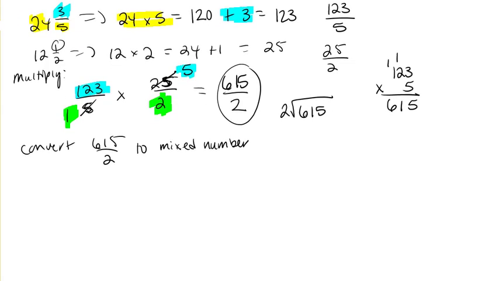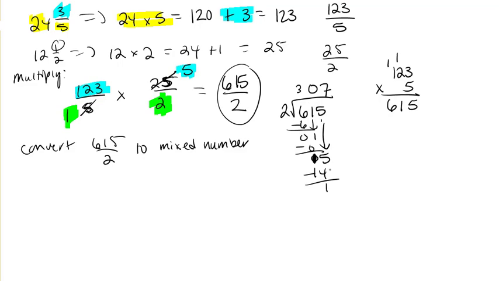So we go 2 into 6 3 times, subtract, we get 0, bring down the 1. 2 can't go into 1, so it's 0. Then we bring down the 5. 2 can go into 15 7 times, which is 14. We subtract, we get 1.